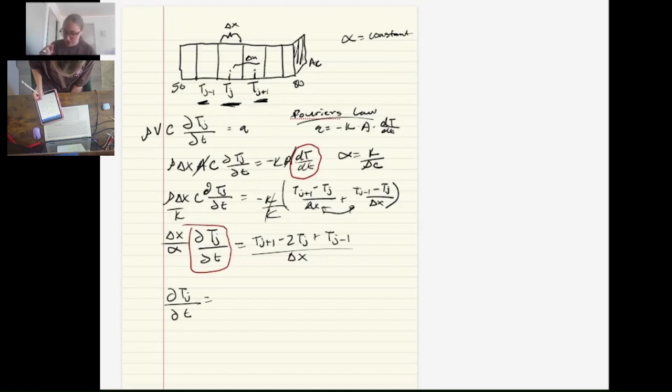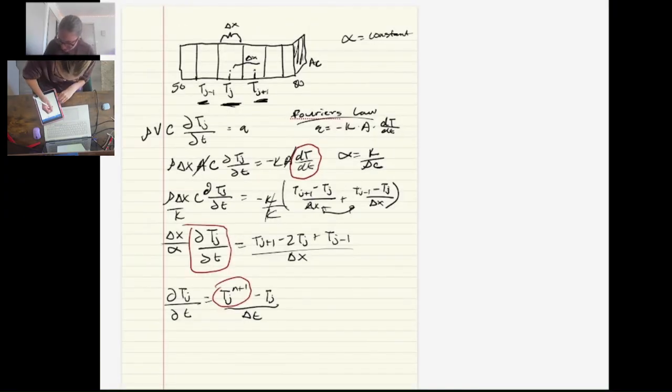And this is going to change. So we have TJ at n plus 1, the time step after it, minus TJ, because this is how that temperature changes over our delta T, our change in time. We're going to plug this back in and solve for this, because we want to know, again, how TJ is changing over time. So let's plug it in.